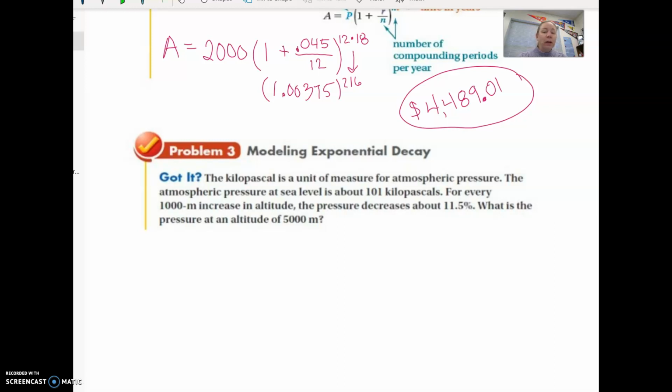The atmospheric pressure at sea level is about 101 kilopascals. For every 1,000 increase in altitude, the pressure decreases about 11.5%. So there is our clue that it's going to be decay rather than growth. What is the pressure if you're at an altitude of 5,000 meters?